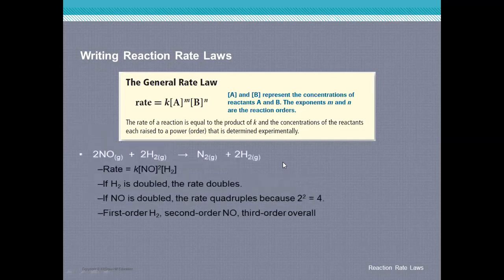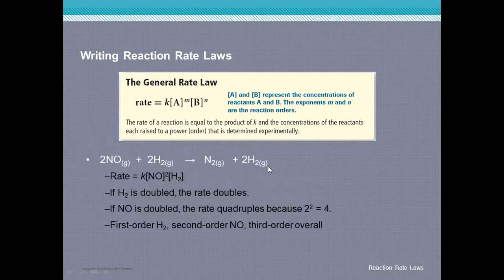As an example, 2NO gas plus 2H2 gas gives N2 gas plus 2H2O. So the rate equals K times NO squared times H2. The order of NO will be 2, because it consists of two molecules, and these two molecules appear as a power.